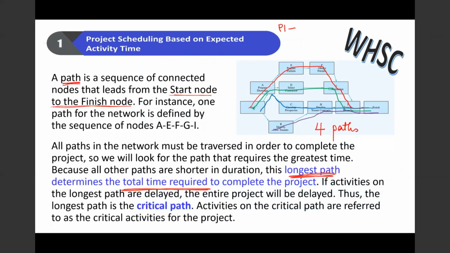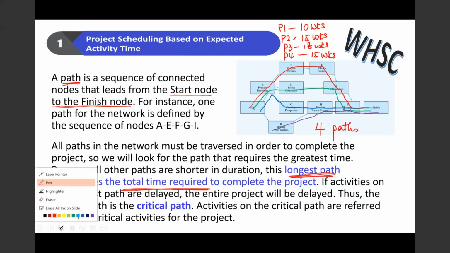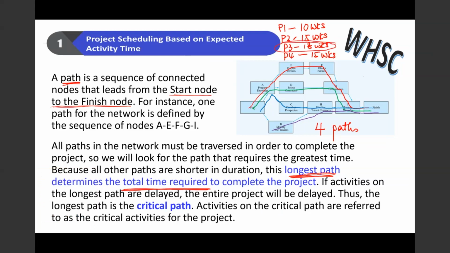If path 1 takes 10 weeks, path 2 takes 15 weeks, path 3 takes 18 weeks, and path 4 takes 15 weeks, if that is the case, then the path with the longest time to complete, which is your P3 here, this is what we call your critical path. The longest path is your critical path.